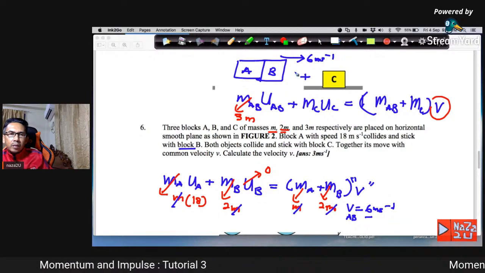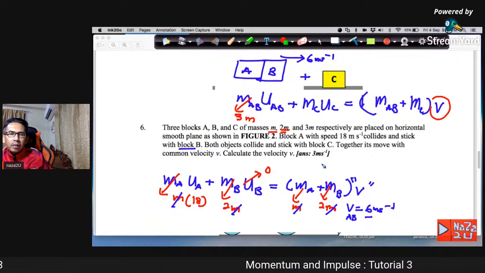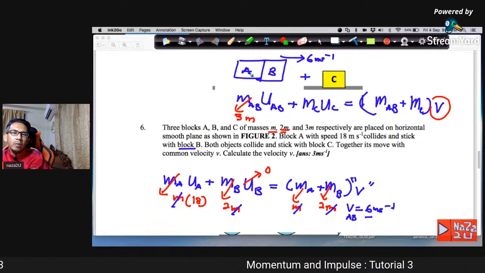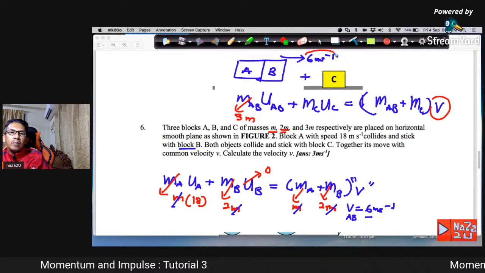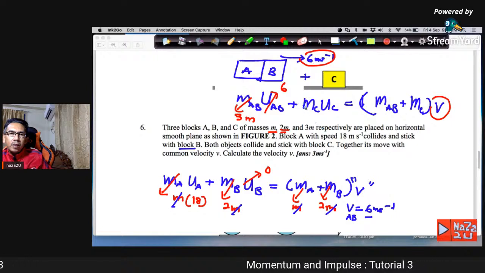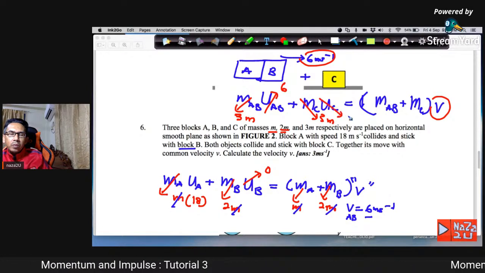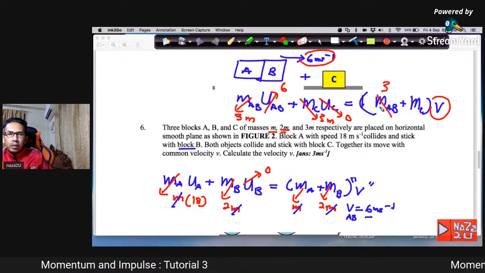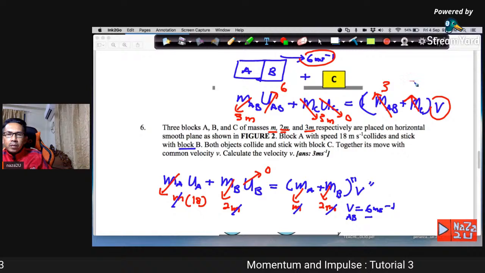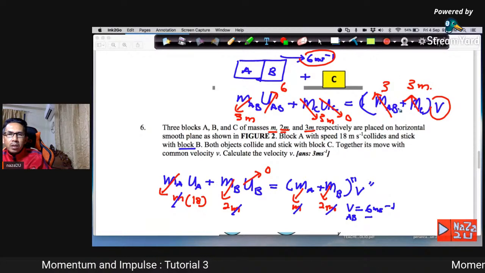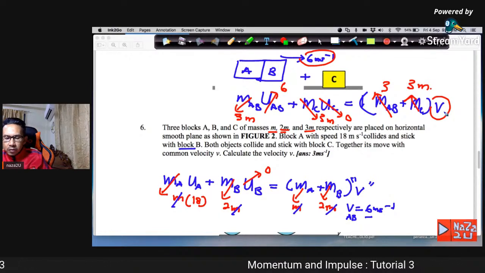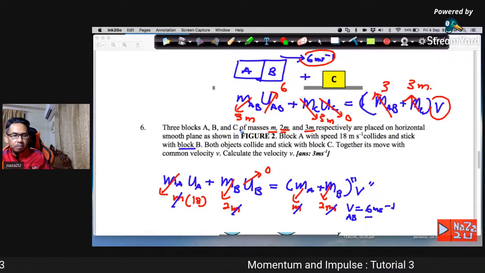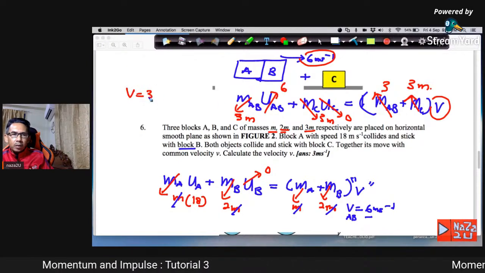And U_AB is 6 meters per second, the first answer, before A and B collide with block C. So the combination of blocks A and B has an initial velocity of 6. The mass of C is 3M, but it is stationary, meaning U_C equals 0. Using the equation, if you calculate with the calculator, the final answer is V equal to 3 meters per second.